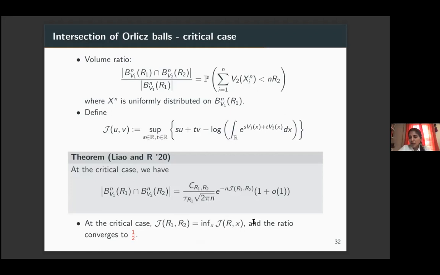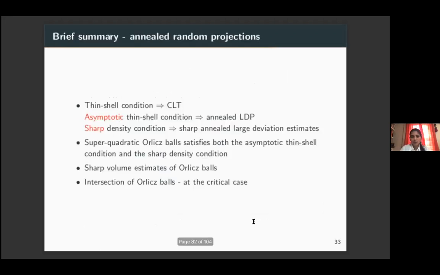The other case is also interesting, but something else is likely to happen. So I just wanted to say that these sharp large deviation estimates, besides giving a good handle on probabilities, can actually be used to compute volumes and phase transitions and tell you what's happening at criticality and things like that. So it might be a useful method in other contexts.